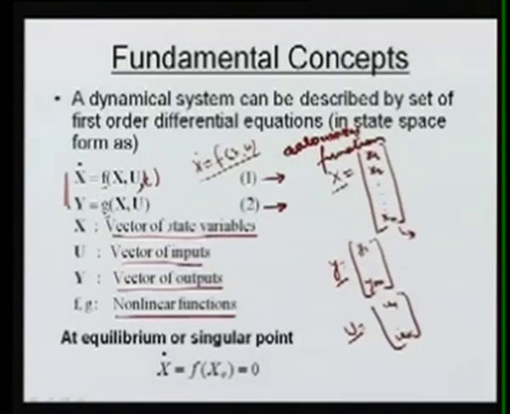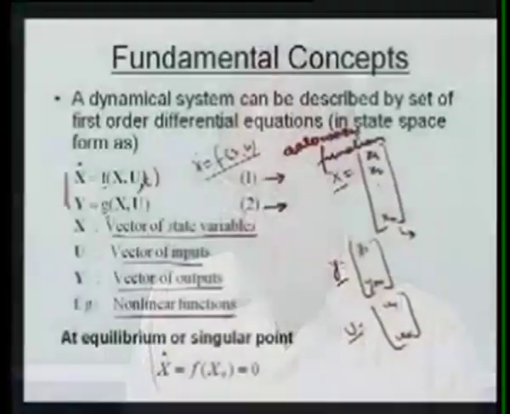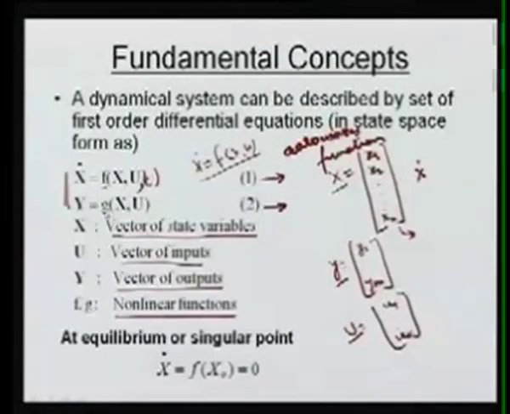From this equation we can get the equilibrium or singular point, and that can be obtained by putting x dot equal to 0, meaning all the derivatives of the state variables, with respect to time. So x dot is nothing but d/dt of x. If it is 0 for all the states, then it is called the singular point or equilibrium point.